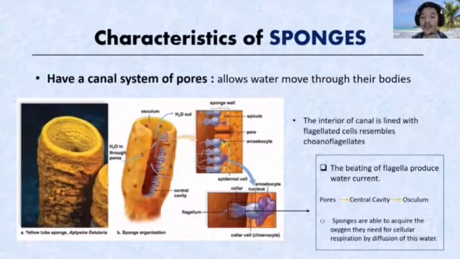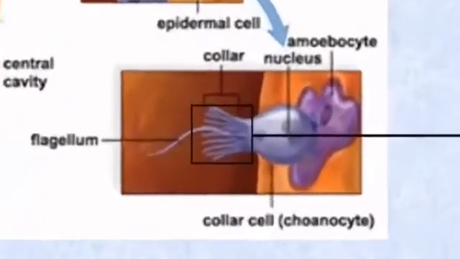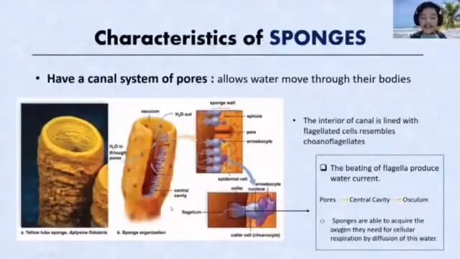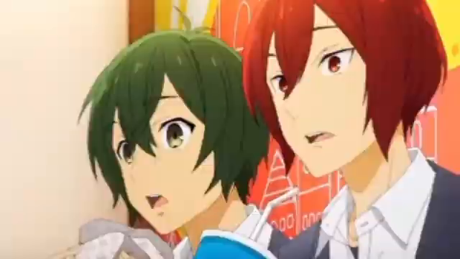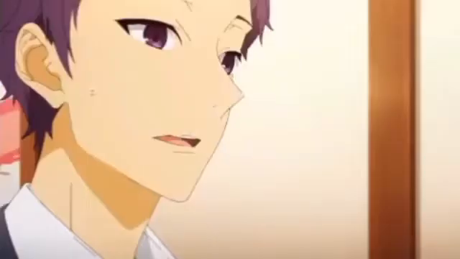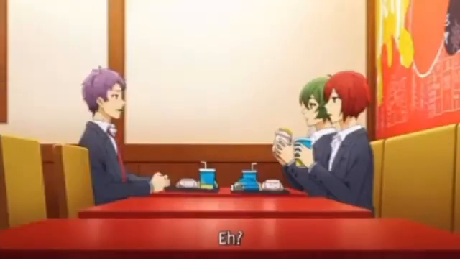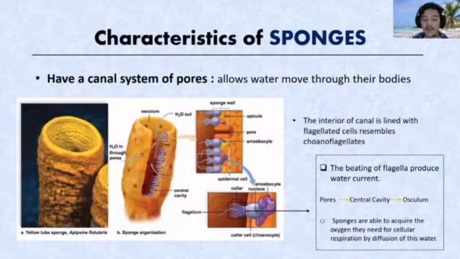The interior of the canal is lined with flagellate cells, resembling choanoflagellates, which we can see in purple. These cells are called collar cells or choanocytes.